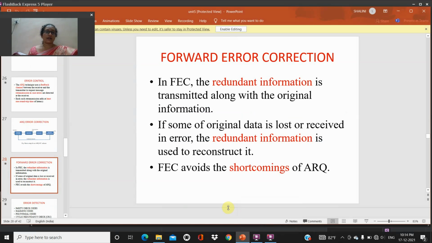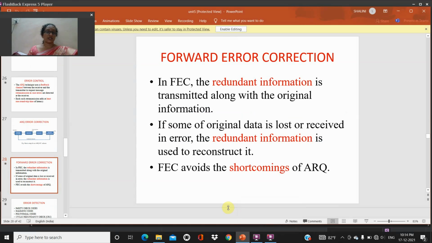Forward error correction. So how may forward error correction occur? In FEC, redundant information is transmitted along with the original information.